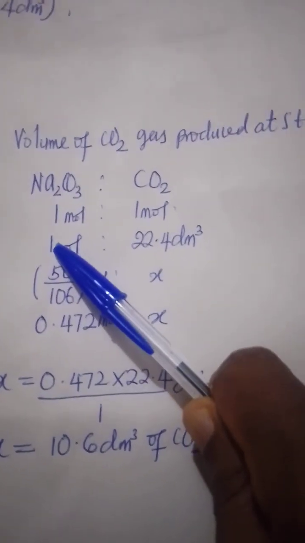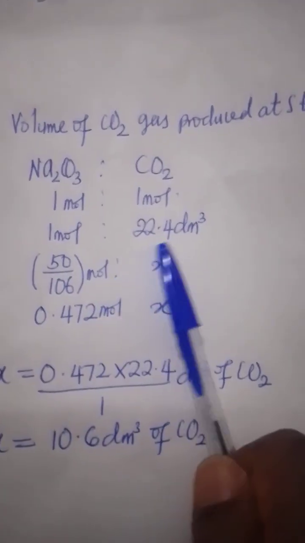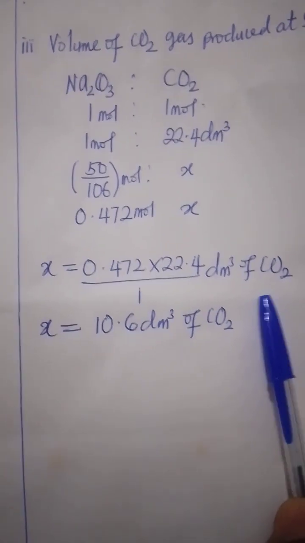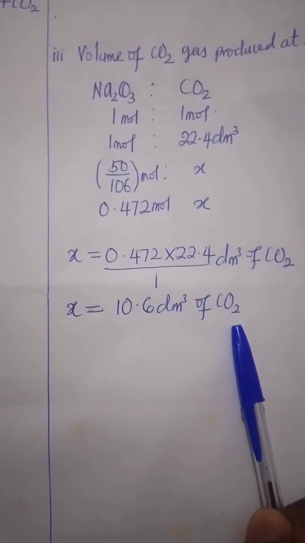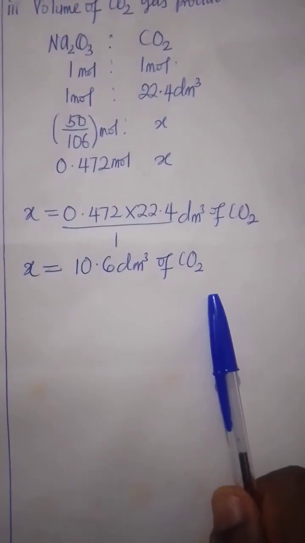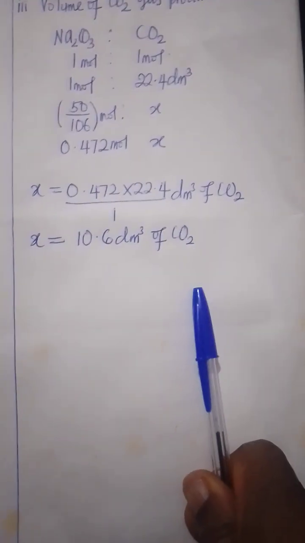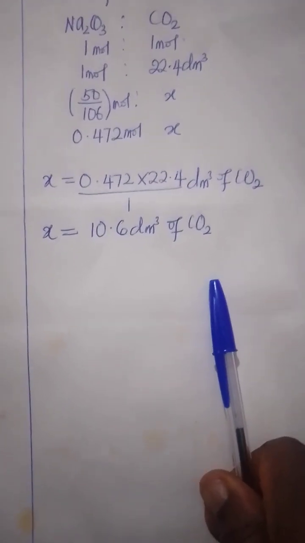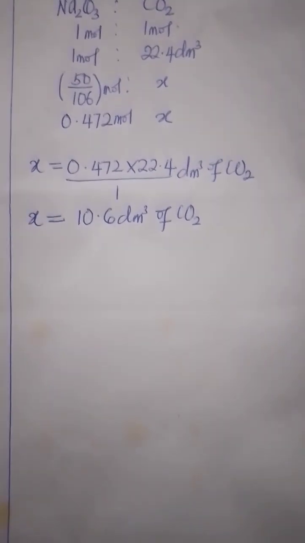That means 1 will be used for division, and I will do 0.472 times 22.4 divided by 1, and that will give us 10.6 dm cube of CO2. So this brings us to the conclusion of stoichiometry. I want to believe that this lecture would have impacted you.